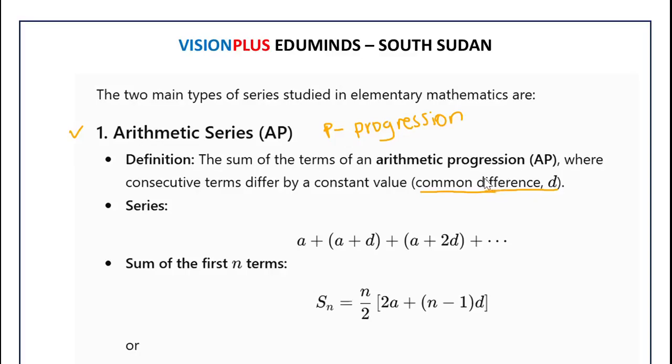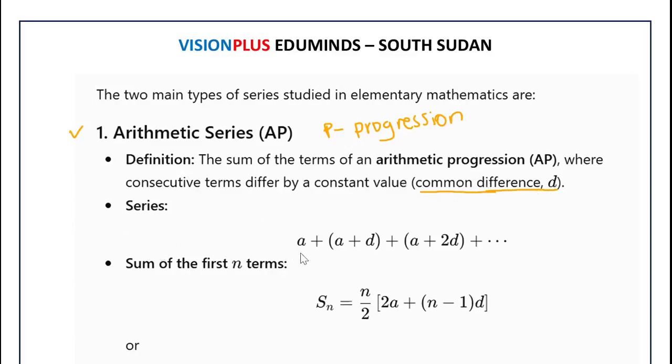The distinguishing feature is that an arithmetic series has a common difference between any two consecutive terms. That is the point under AP. If there is something that you take away from this class at this moment, it is that an AP series is defined by the common difference.